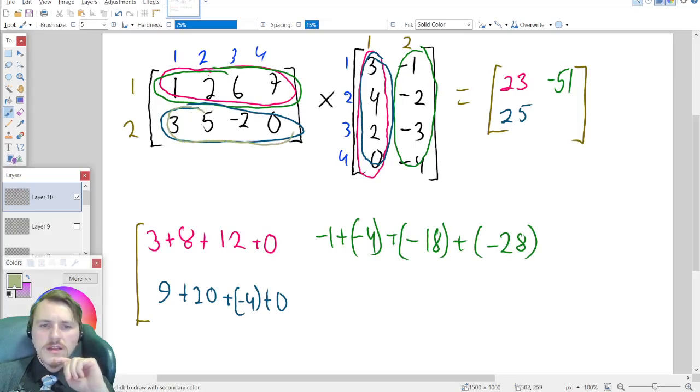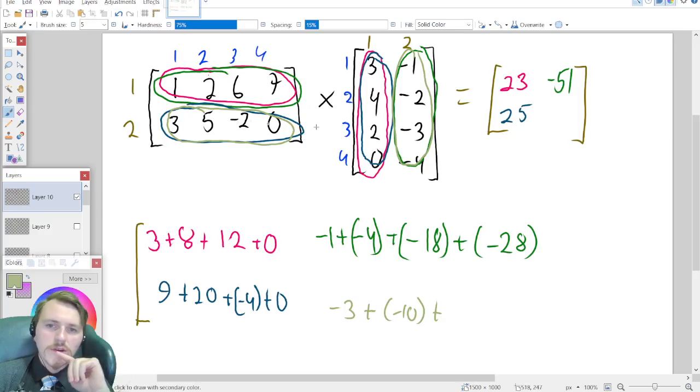Second row times the second column goes into second row, second column. 3 times, remember, first item times the first item is -3. Plus second item times second item, 5 times -2 is -10.